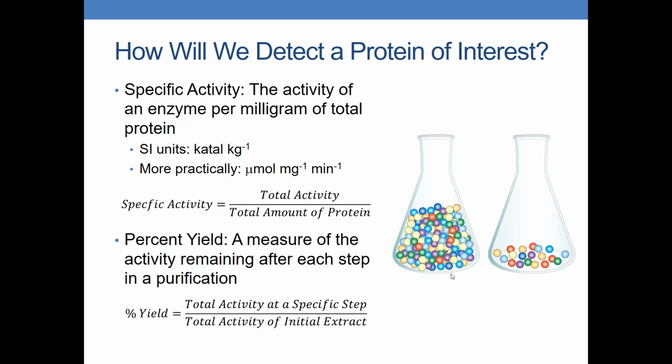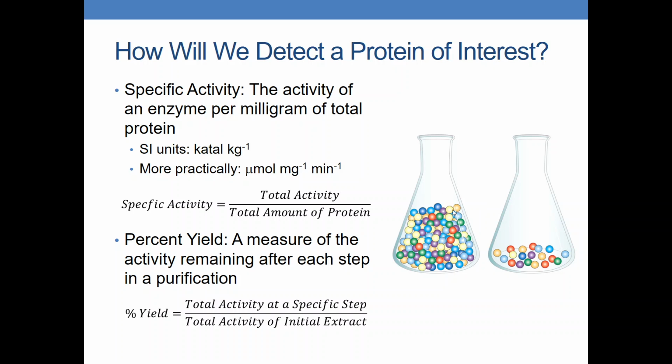So all of the marbles in this first flask you can think of as all of the different proteins that are present that are soluble in that crude lysate mixture. Now let's say we are interested in red marbles. The red marbles here represent the enzyme that we are interested in. So what we're going to do, if we know what the catalytic function of our enzyme is, and we have an assay, an experimental method in place to observe that function, we can observe the enzymatic activity of this crude solution.